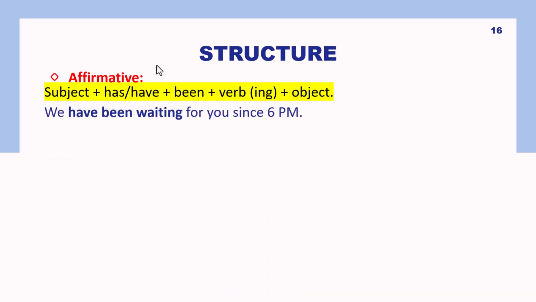For example, we have been waiting for you since 6 p.m. It means we started waiting for you from 6 p.m. and we are still waiting for you. So we may wait for you in the future or we may not. We is the subject, have is the helping verb, been is also the helping verb, waiting is the verb ing, for you is the complement.